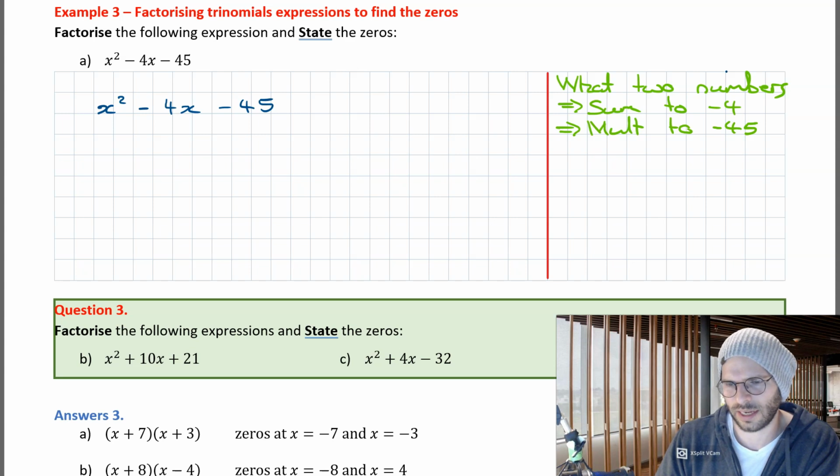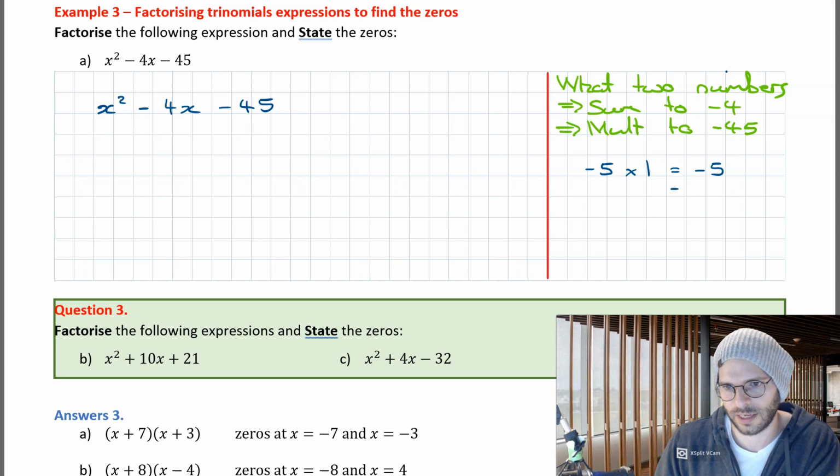So having a look at how we can do this, the sum is going to be minus 4. What two numbers sum to give minus 4? Well, that will be minus 4 and minus 5, I should say, plus 1. Okay, that works. Let's change it to a positive. So it will be minus 5 here, which doesn't work.